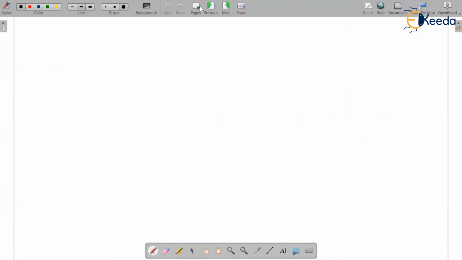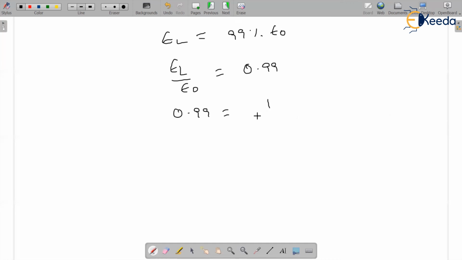So this gives rise to EL equal to 99% of E naught. So EL by E naught is equal to 0.99. So 0.99 is equal to 1 by 1 plus R naught by RL.